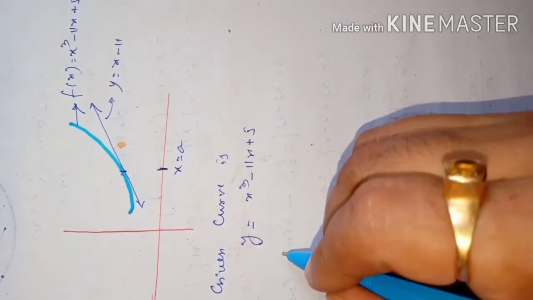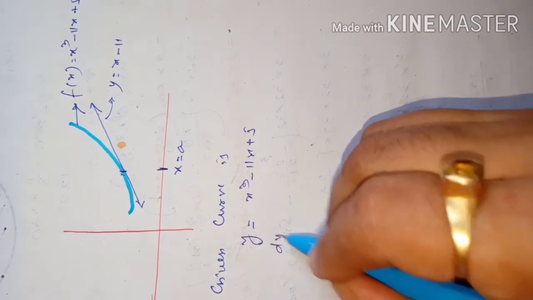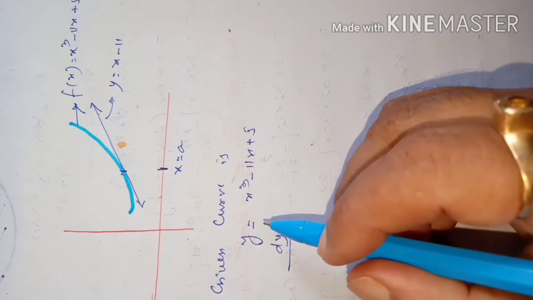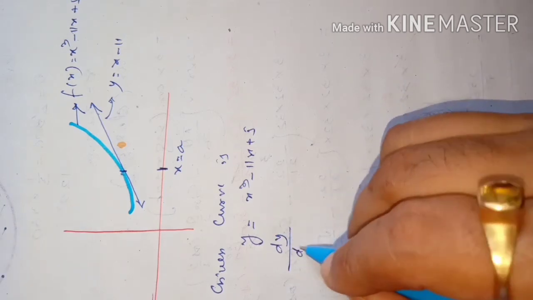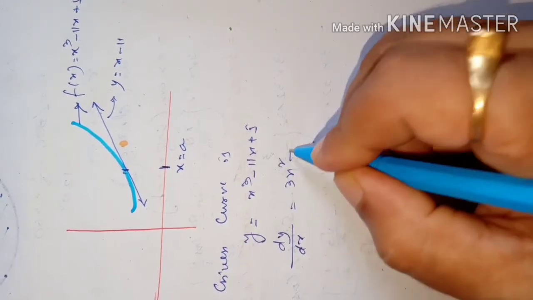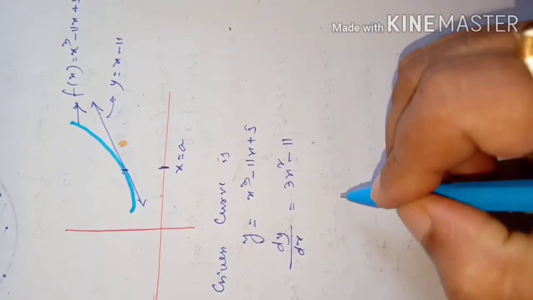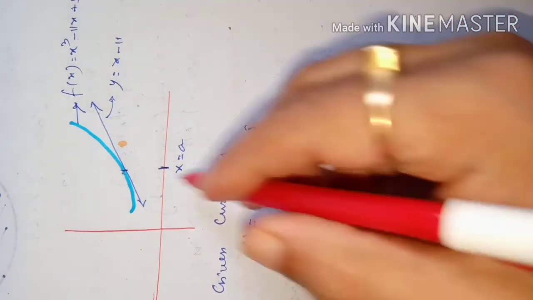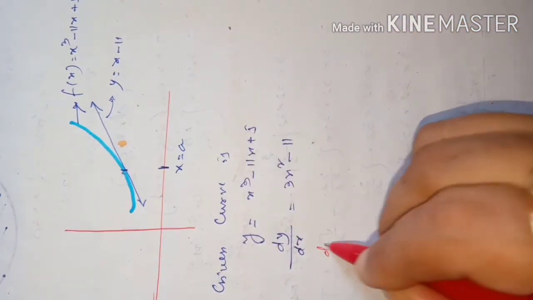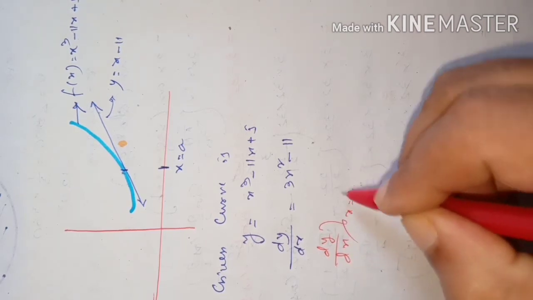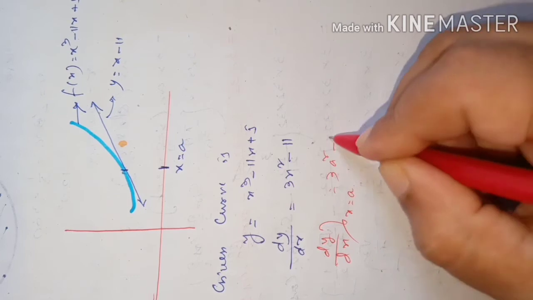Then dy by dx, that is the slope of the tangent to the curve, will be 3x square minus 11. This is dy by dx at, suppose, x equal to a. That means it will be 3a square minus 11.